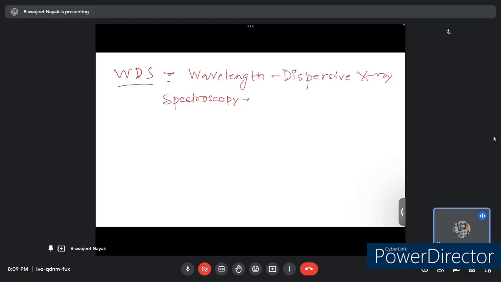As the name suggests, they use one or more diffracting crystals whose interplanar spacing is already known, and for the calculation they use Bragg's law.